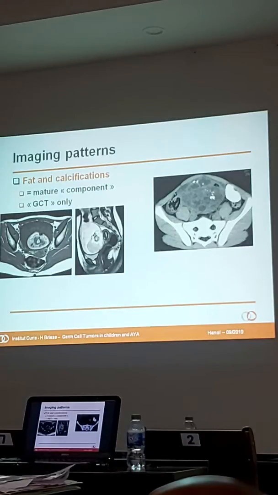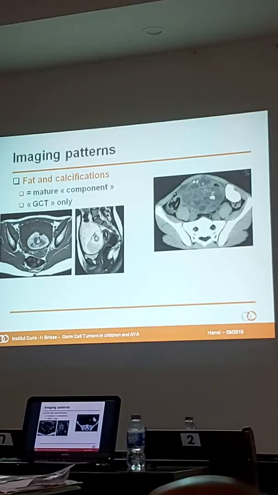So, what is the corresponding histology of this area? This area represents, on histology, mature teratoma, fat, bone. Okay, it's normal tissue, but it's teratoma. The problem is that, as I told you before, in the same tumor you may have benign component and malignant component. So, what can you say about these two tumors?